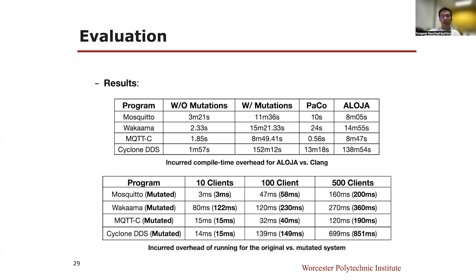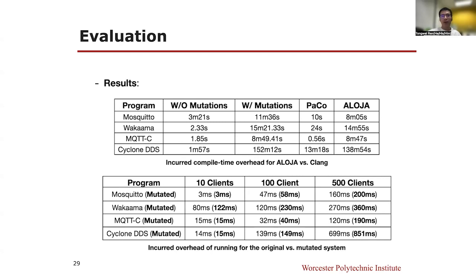The upper table shows the incurred compile time overhead for our approach and Cyclone. Most of the increased overhead is due to testing mutations in Aloja. For each possible mutation, Aloja must run the mutated application twice.